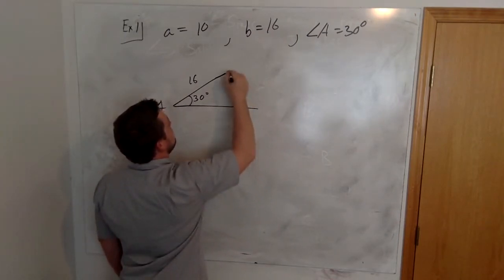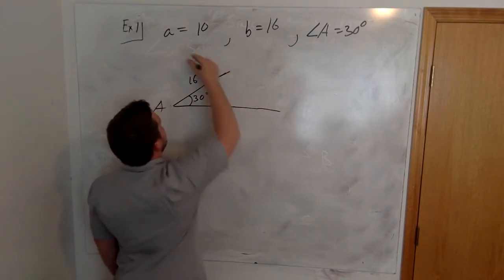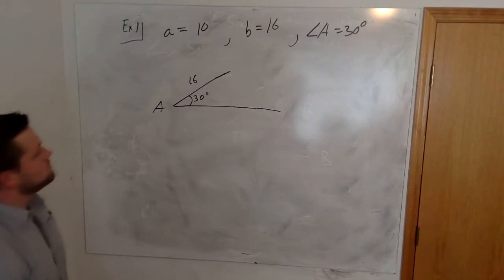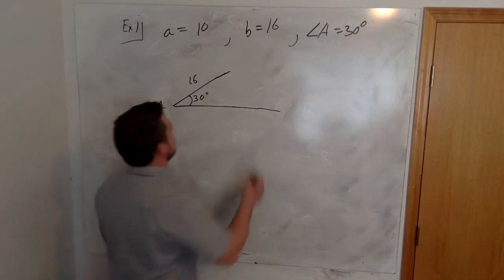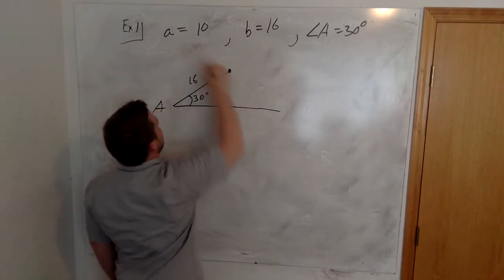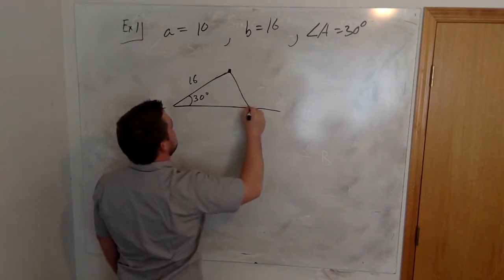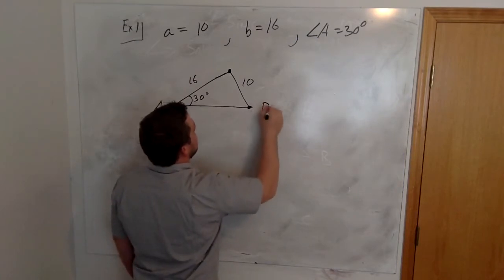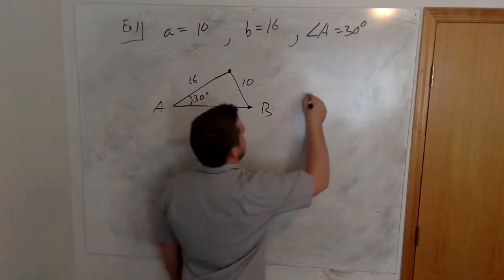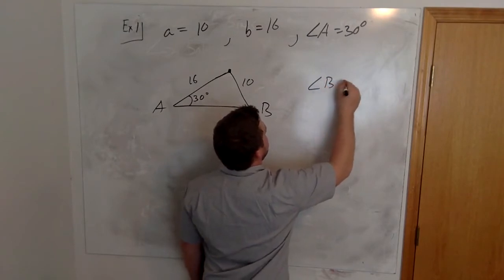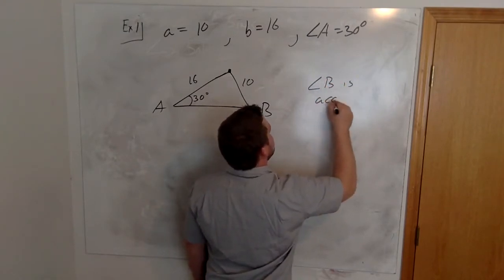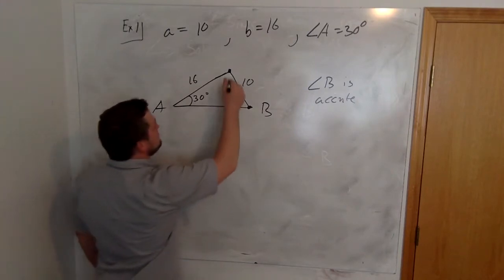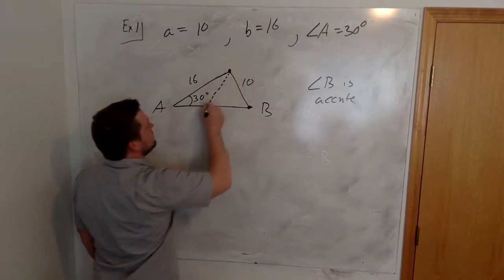Okay, so when we draw this 10, we don't know what angle B is, so there actually could be two possible situations. We could have this length here be 10. In this case, angle B is acute. But it is possible for us to draw this side length 10 if we make it go in a little bit.